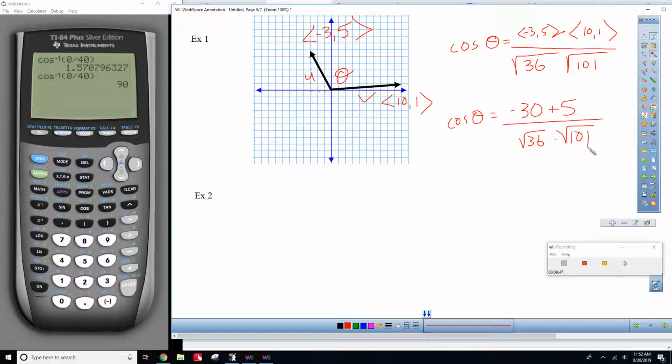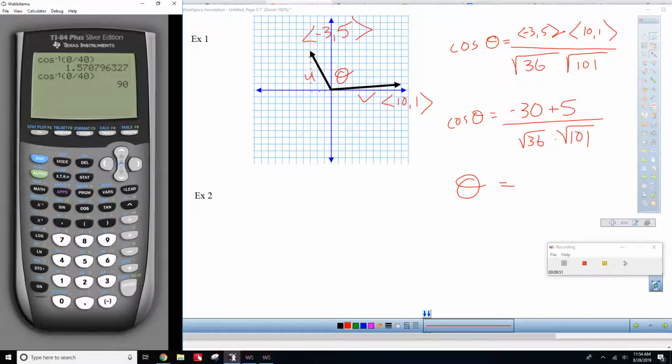So take the cosine inverse of each side to find theta. You do second cosine, parentheses, negative 30 plus 5. I hope you guys don't need to type that in your calculator. Divided by, oh, hold on. I need two sets of parentheses here.